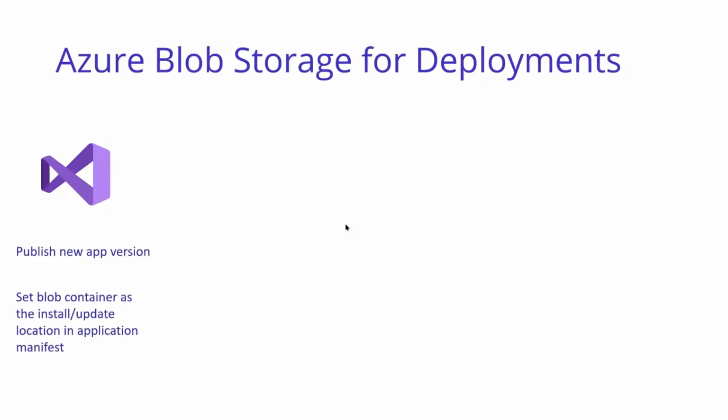When it comes to Azure Blob Storage, I've condensed this down into 4 steps. We already saw the first step that Olia did by publishing a new version of that application. While you're publishing the application, either through the Publish wizard or however you like to set up that publish process, you're going to set that blob container as the install and/or update location in the application manifest.